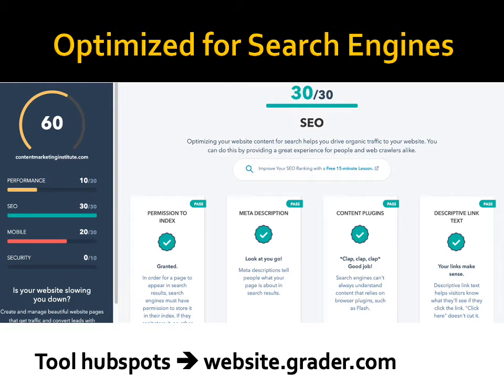Every page has its own specific meta description. They're all unique. Content plugins, they're doing a good job, and they're not using Flash, and the plugins are not causing any speed issues with the website. Descriptive link text. Every page has links to other pages within the website, and it has links to external pages on the web.